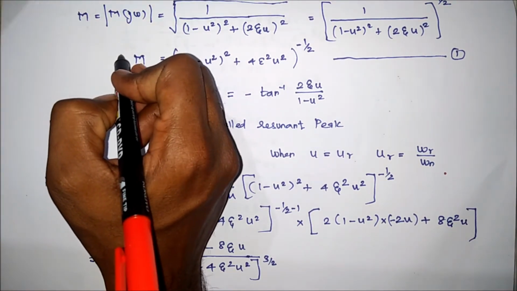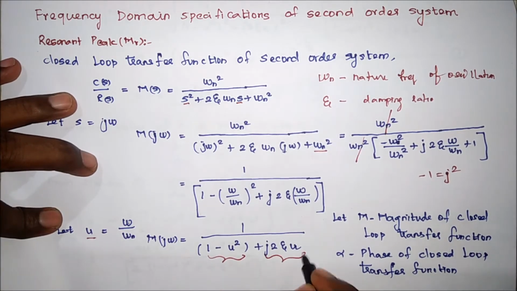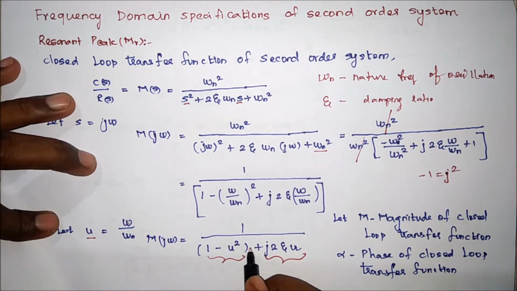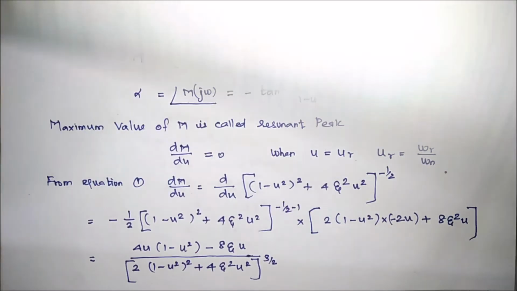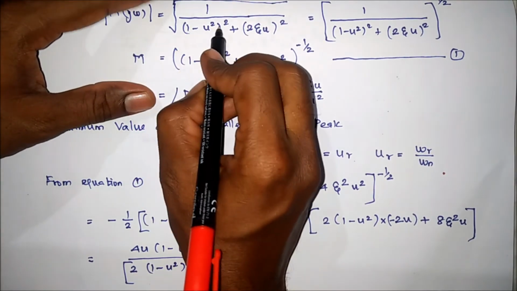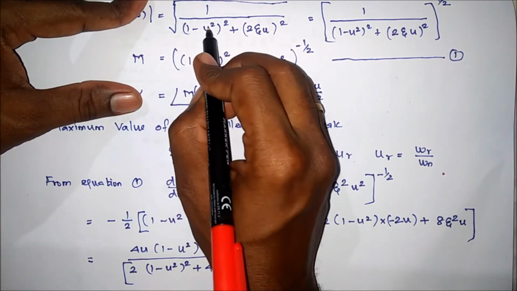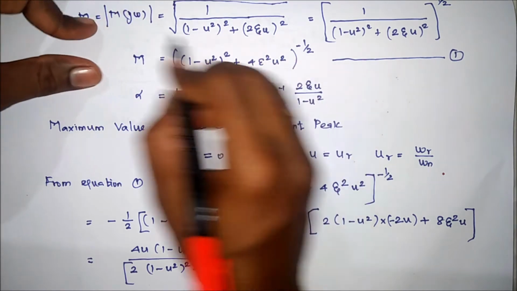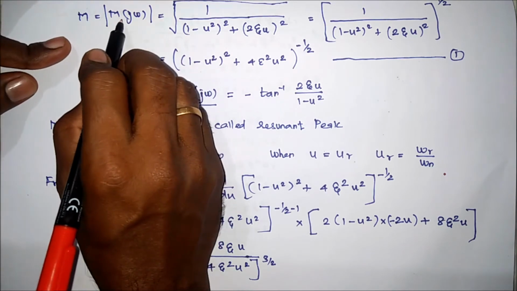So we know this is the real part, this is the imaginary part. To take the magnitude we have to square the real part and the imaginary part, finally add them, and then take the square root. So the square root of 1 divided by real part square plus imaginary part square equals the magnitude of this transfer function.